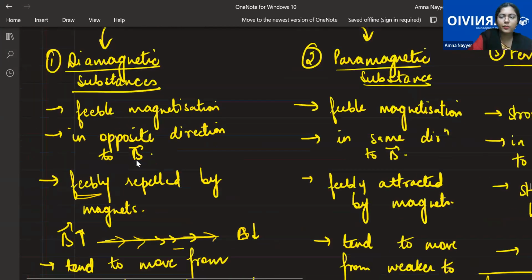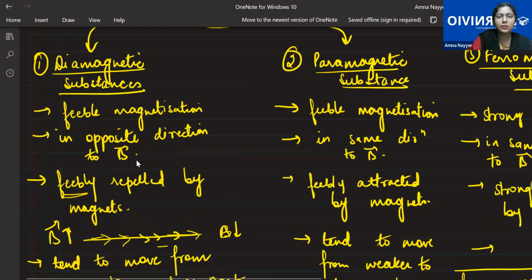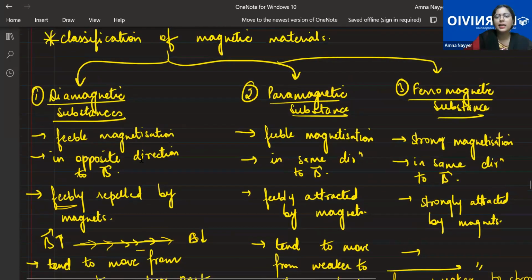When we are talking about the classification of magnetic materials, three kinds of materials you have: diamagnetic, paramagnetic, ferromagnetic. Diamagnetic means feeble magnetization. Feeble magnetization means weak magnetization is there. Magnetization we have already studied. So they have a very weak magnetization, the diamagnetic substances. Because of this, it is in opposite direction to the magnetic field.